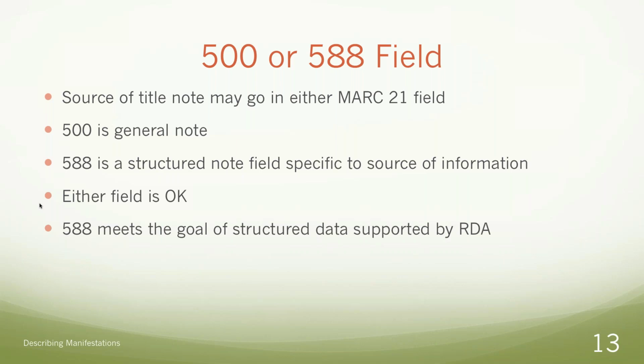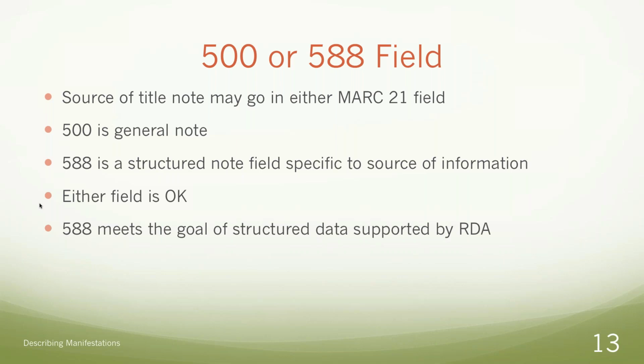Those of us who have been cataloging for a long time have used the 500 field for that particular note. 500 is a general note and is used for many different types of notes that go in bibliographic descriptions. The 588 field is a newer field. It's probably about 10 years old at this point.